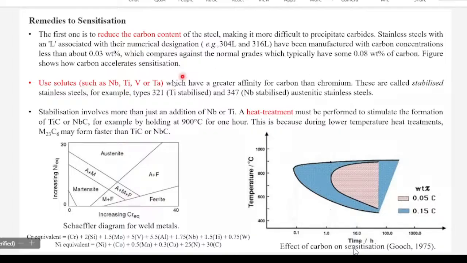This is very good, and this won't have the corrosion problem. In the market, stabilized stainless steel materials also exist: 321, which is a titanium stabilized material, and 347, which is a niobium stabilized material. These can reduce the sensitization and corrosion related problems.